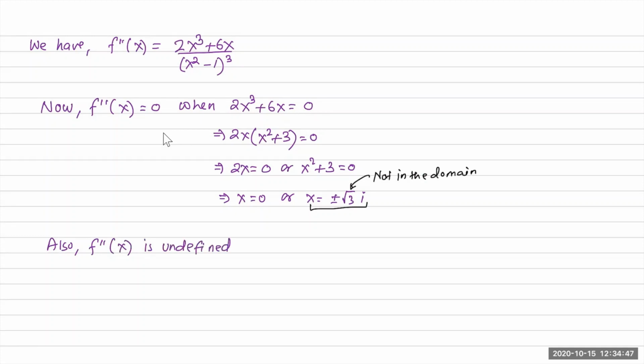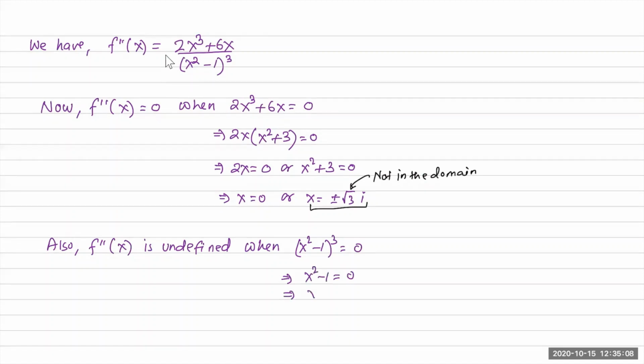The second derivative is undefined when, okay, it is in the form of a fraction. A fraction will be undefined when the denominator is 0. That is when x squared minus 1 quantity cubed is equal to 0. If you take the cube root on both sides, you get x squared minus 1 equal to 0.